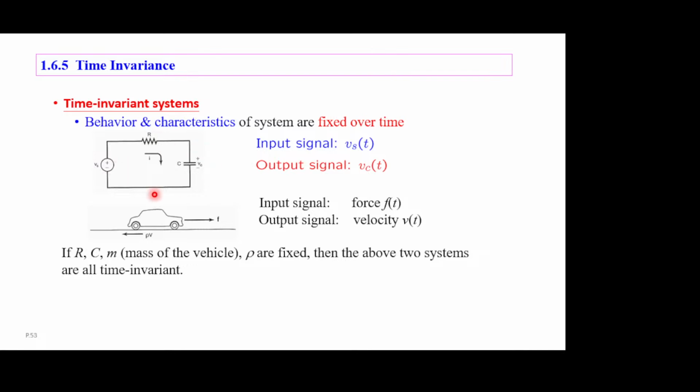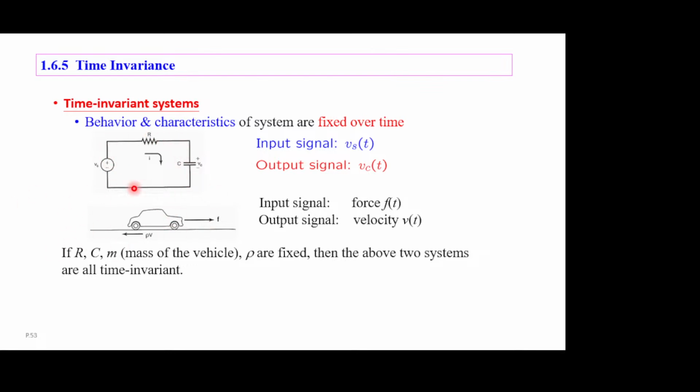Let's say this RC system. If every component here is not breaking down, then through some amount of time, the system should stay at very similar behavior, right? Your R and C are constant in time, so your response to this V should be quite the same throughout different times.